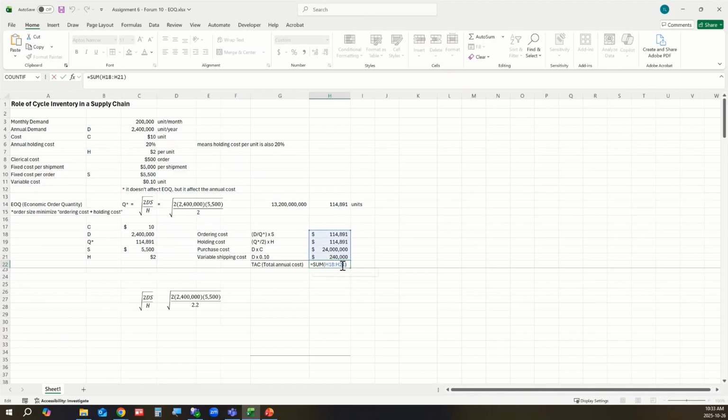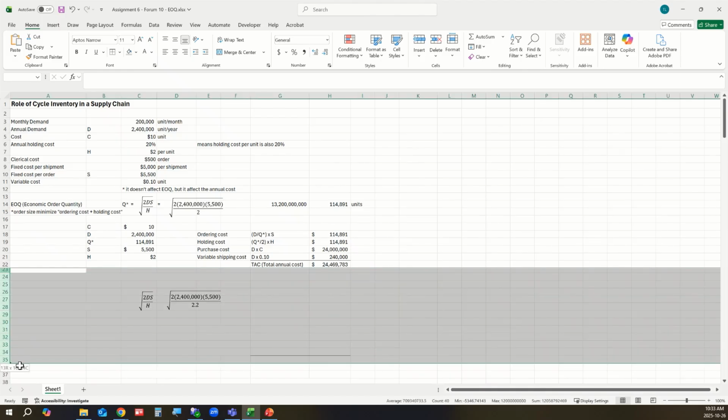The total annual cost equals ordering cost plus the holding cost plus the purchase cost plus the variable shipping cost. You can see the formula that I wrote here for the ordering cost, holding cost, purchase cost, and variable cost. And from there, you can calculate the total annual cost.